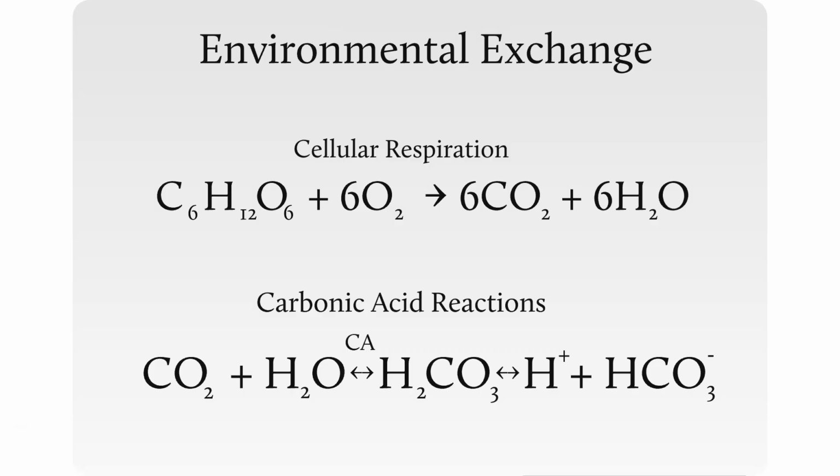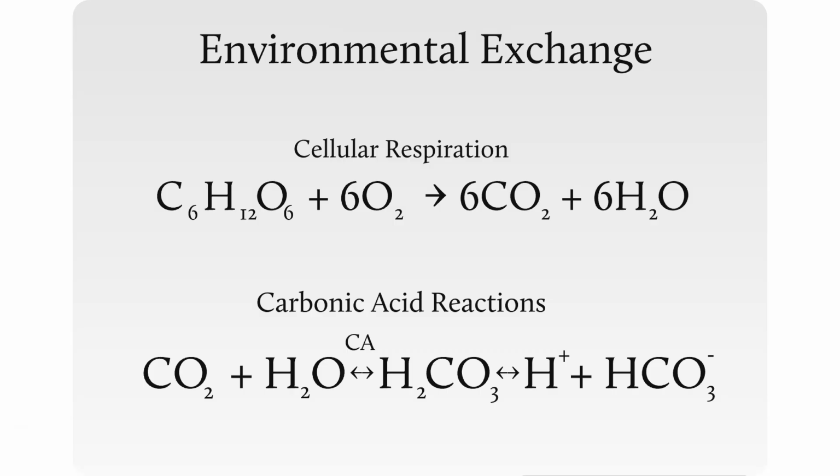Then the other thing that ties this section together is the carbonic acid reactions. Carbon dioxide and water, which we just saw were waste products of cellular respiration, regardless of where they exactly come from, can combine to make a molecule called carbonic acid, H2CO3. An enzyme called carbonic anhydrase is responsible for catalyzing that reaction.